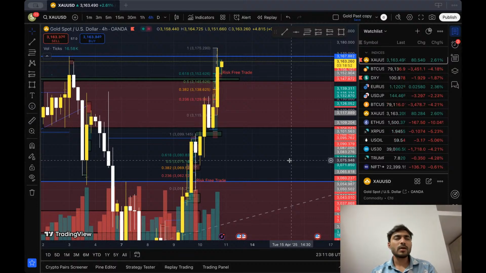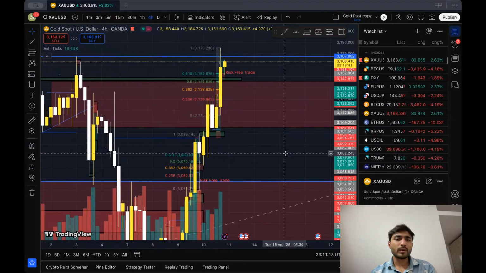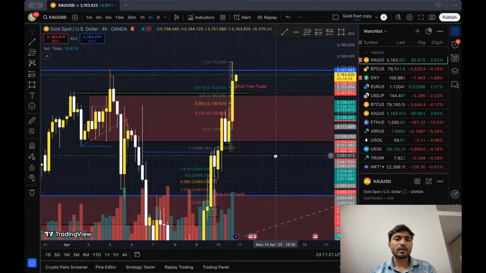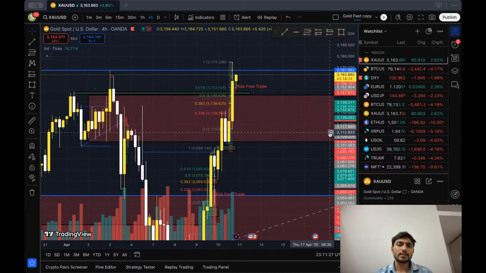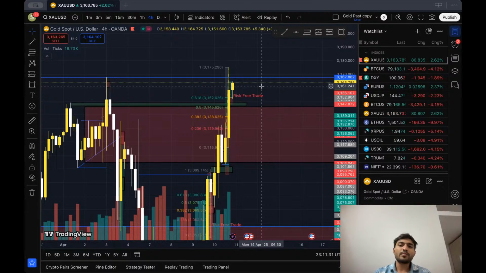So 230 and 150, how much is that? 380, right? So we did 380 pips today, and I made a few scalps also. Let's minimize our pips. Let's say we did 300 pips of winning today, and that was good.